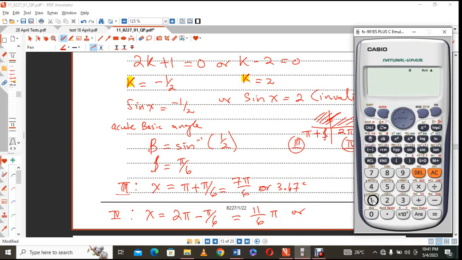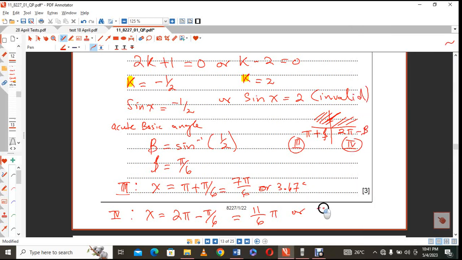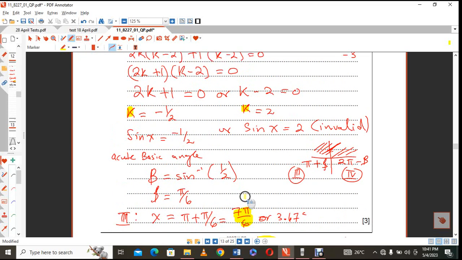So we have 11 over 6 pi, and perhaps you can change it to 5.76 radians. So these are the required solutions to this angle.